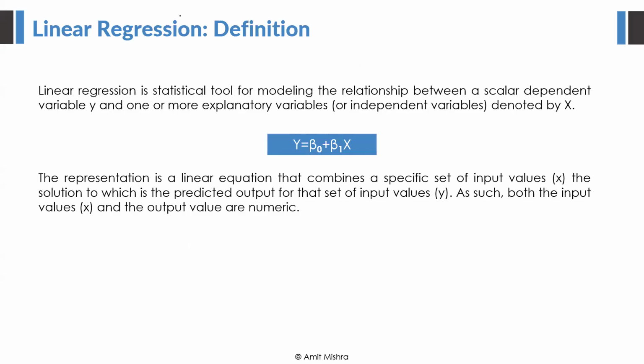Next, linear regression is a statistical tool for modeling the relationship between a scalar dependent variable y and one or more explanatory variables, or independent variables, which are denoted or represented by x.